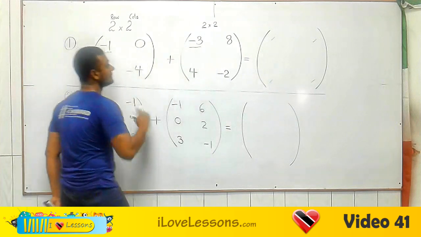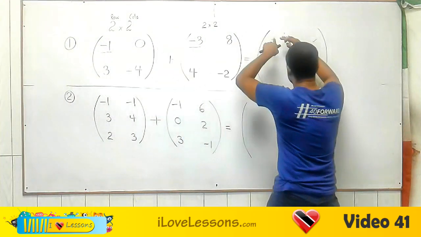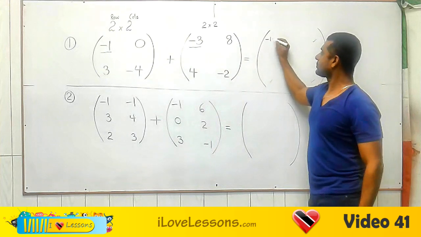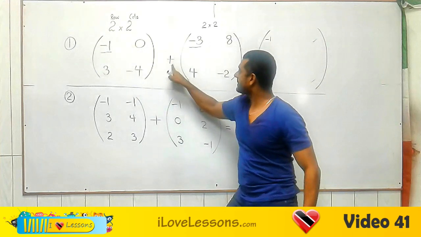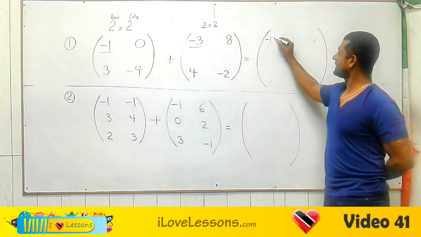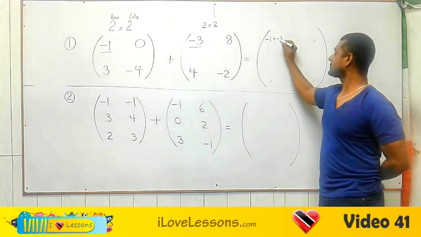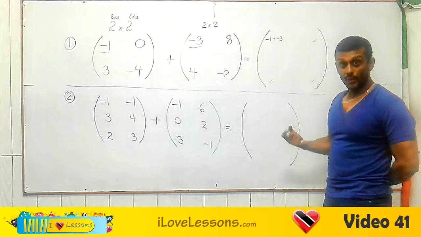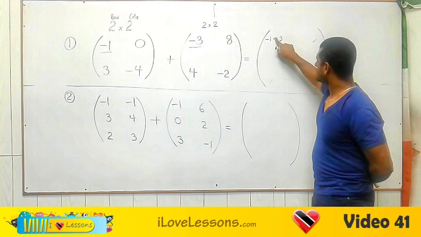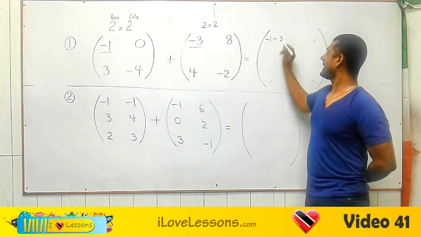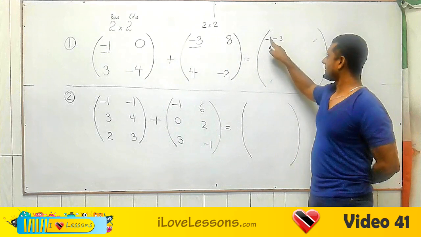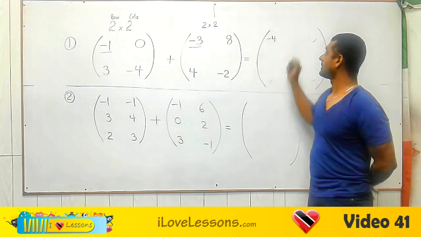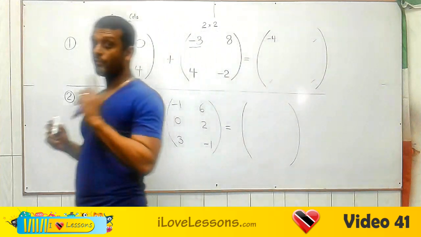When we add these 2, the answer will be in the same position as these 2 numbers. We know a positive and a negative is a negative when they touch. -1 -3 is -4. So my first answer is -4.